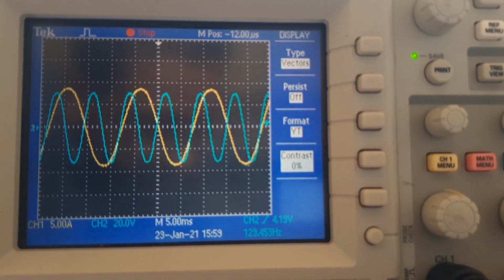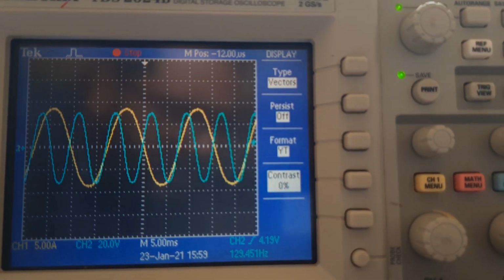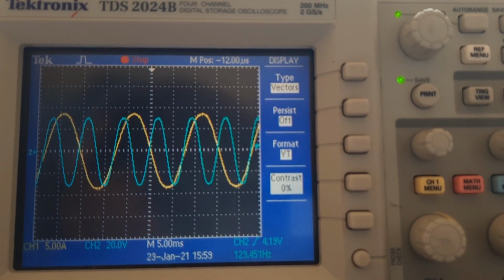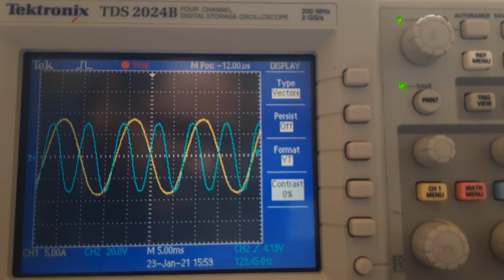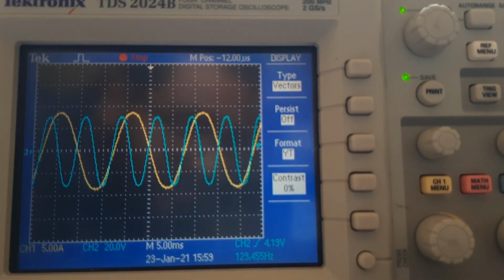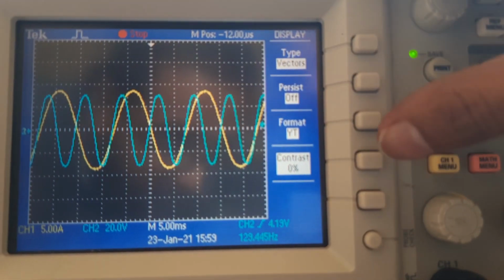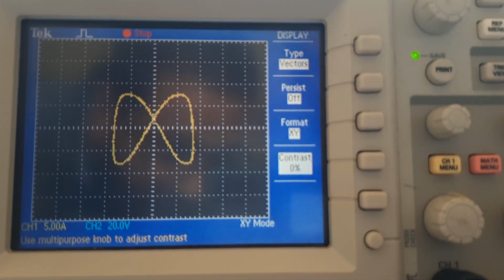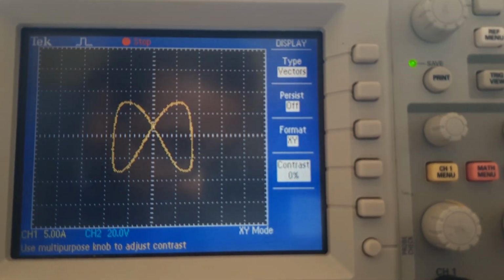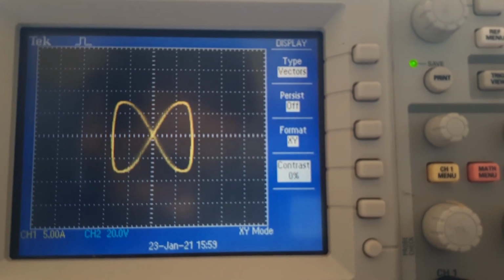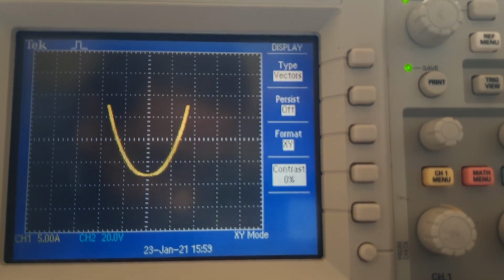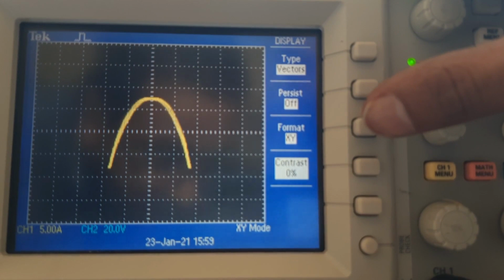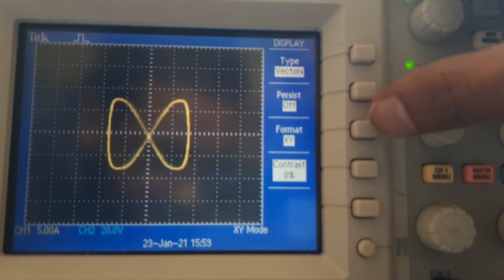Here we have 2:1 frequency. That means the frequency on channel 1 is equal to 2 times the frequency on channel 2. For this we have Lissajous patterns somewhat like this, and if we start this, you can see that it is moving because we have a phase shift between the two frequencies.